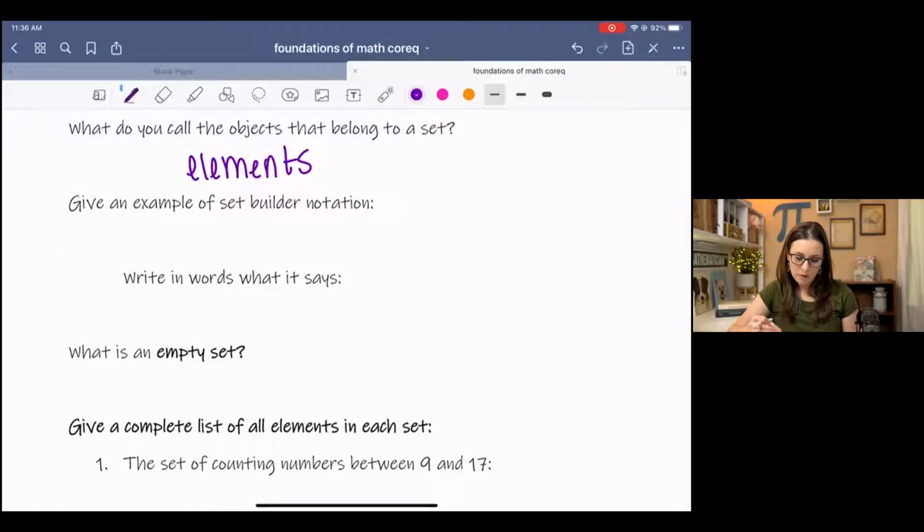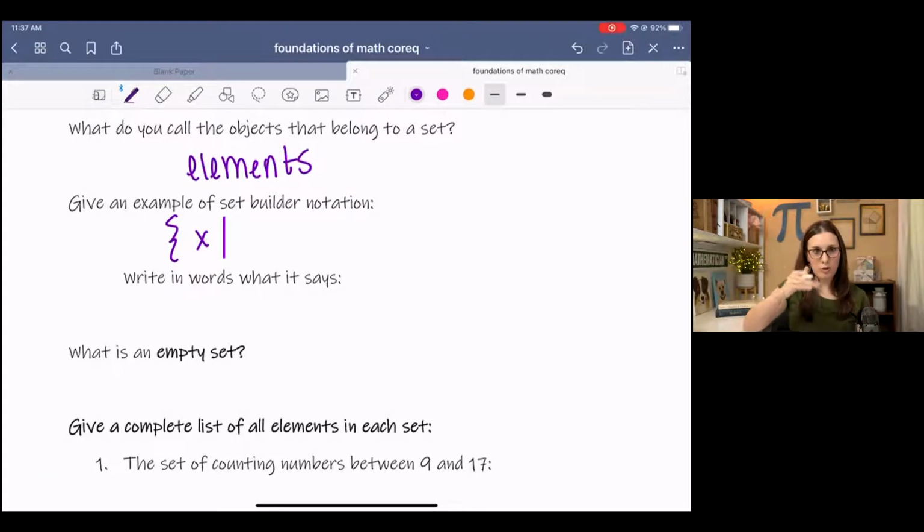Give an example of set builder notation. So set builder notation is like it says, you're building the set. And a set is denoted by these little curly braces. So you start with that, and then you're defining the elements in the set. So we'll call them X. This is telling the reader we're talking about X, such that, and such that is this long line.